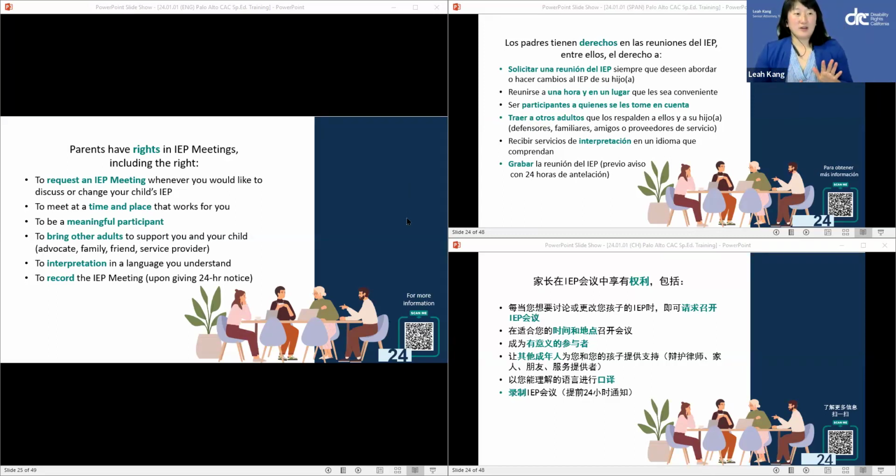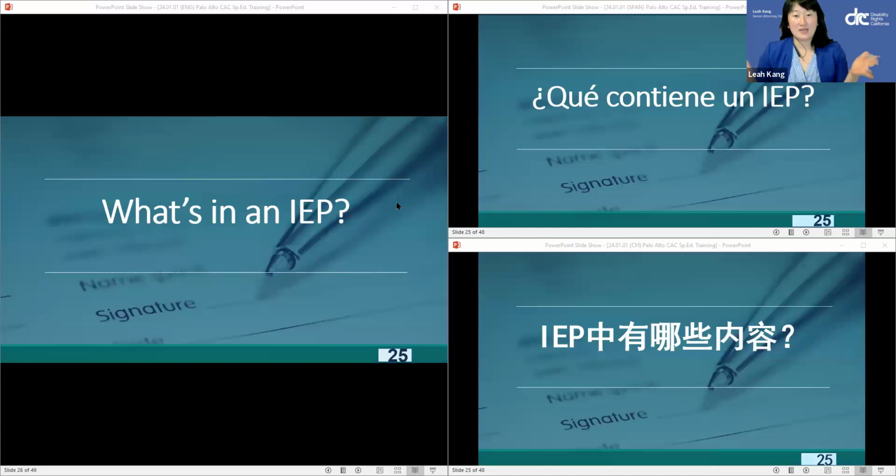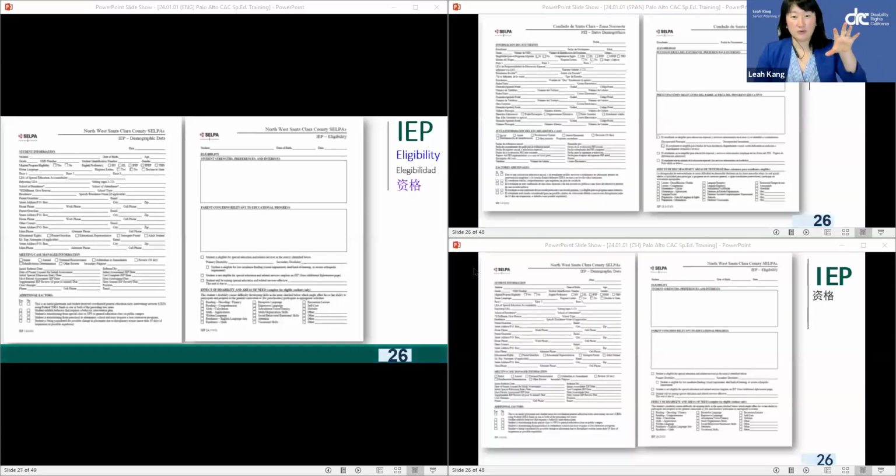So we'll pick up here, and the next section of our presentation is called What's in an IEP. As a recap, we walked through the first couple steps of the special education roadmap. There were some signs of a potential disability. An assessment was requested in writing.